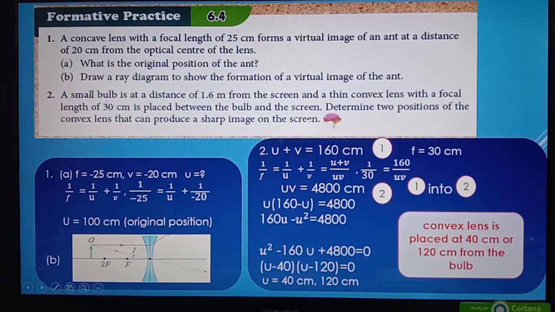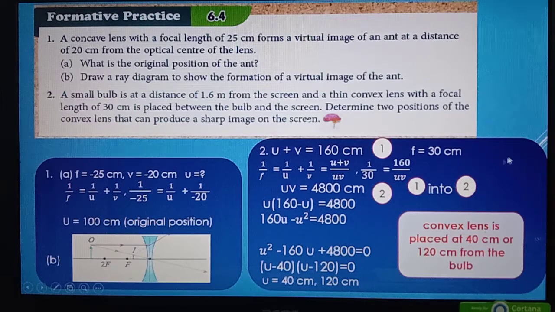Okay, number 2. A small bulb is at a distance of 1.6 meter from the screen, and a thin convex lens, focal length 30 cm, is placed between the bulb and the screen. Determine two positions of the convex lens that can produce a sharp image on the screen. Now I try to solve it mathematically.